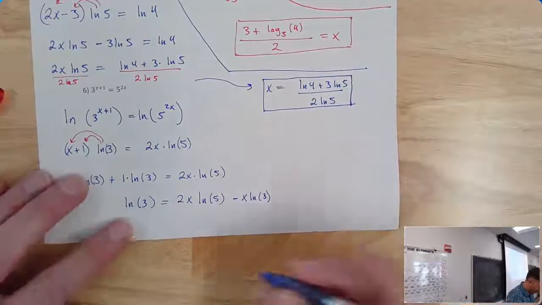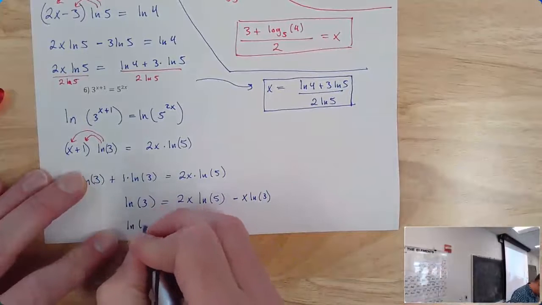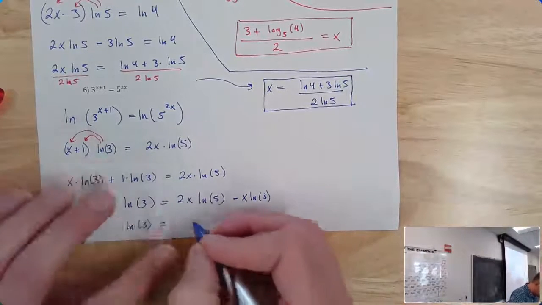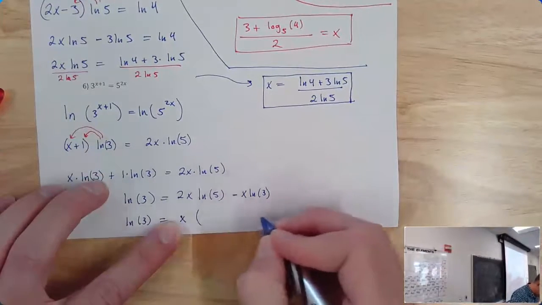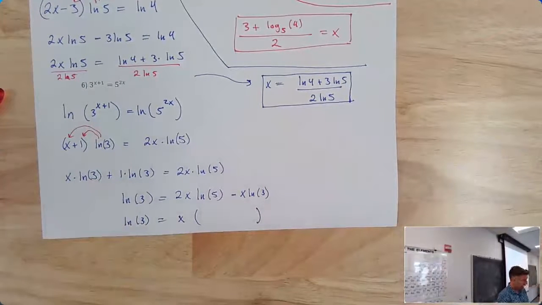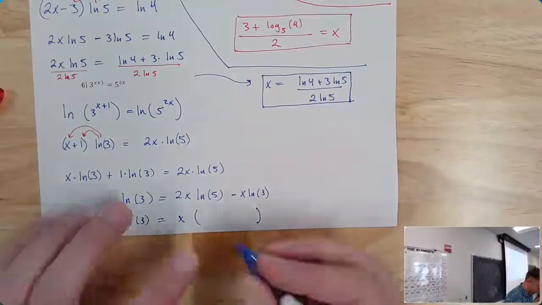So I have natural log of 3 equal to x times the same thing I've already written above it, except without the x's. So instead of writing 2x natural log of 5 minus x natural log of 3, I'm going to have 2 natural log of 5 minus natural log of 3. I'm factoring out the x.